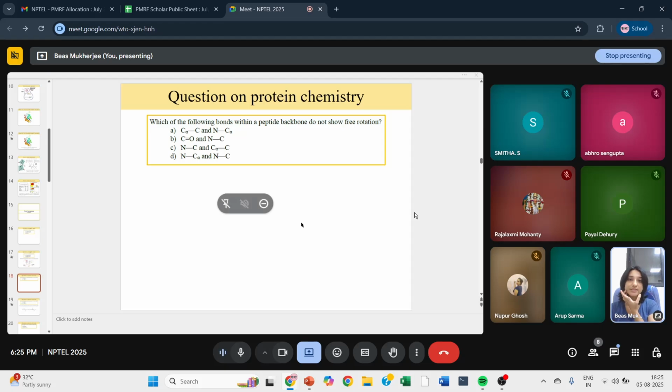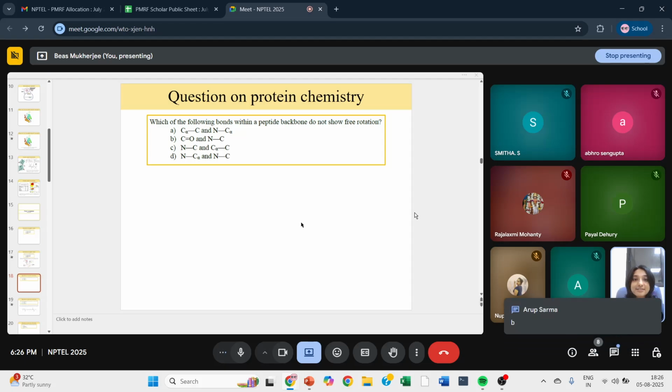Okay, you try to answer this question. Which of the following bonds within a peptide backbone do not show free rotation? We discussed this today as well as last day. This should be simple, right? We know about phi, we know about psi. In phi it is N-C. Is it N-C? Is it N-C alpha? Let's see if you remember. Okay, so B. B is C-O and N-C.